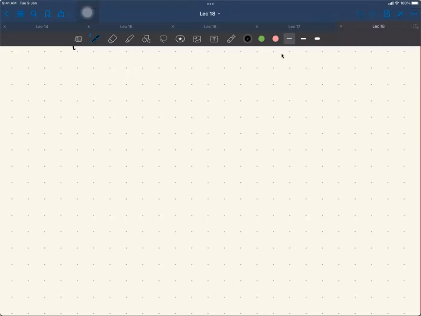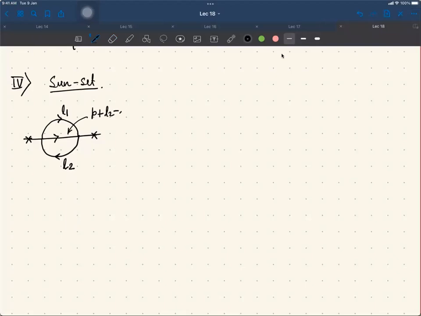Okay, we shall now calculate the sunset diagram. And that's given by this one. This momentum is P plus L2 minus L1.